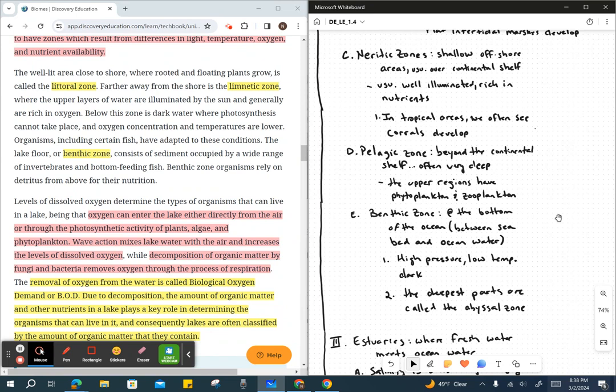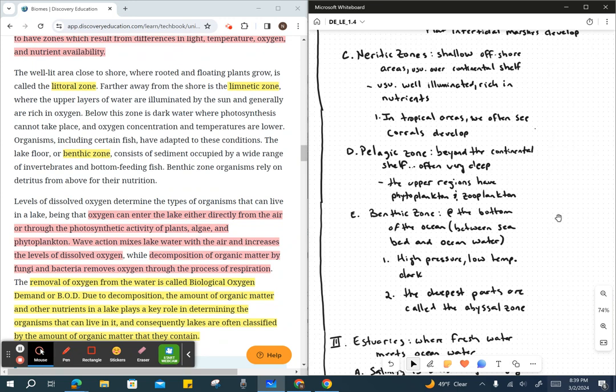You know that there's continental plates, and you have continental crust and oceanic crust. Well, where the continental crust goes under the ocean, you can have these shelves. And that's what they're referring to as these continental shelves.